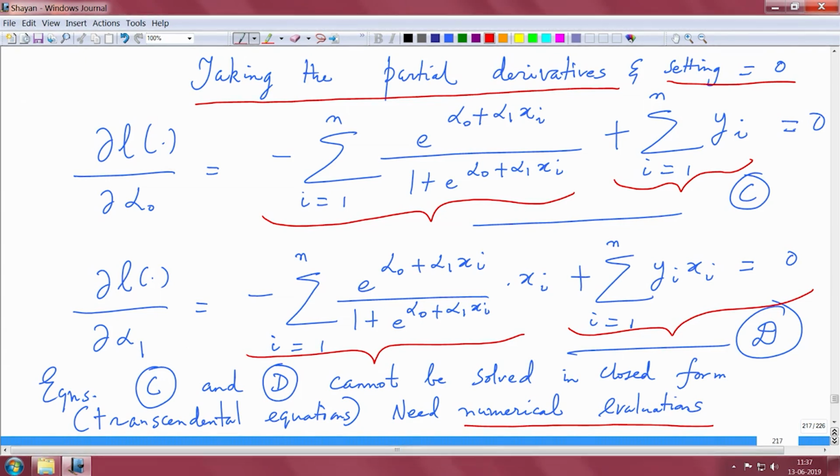The solution to equations C and D is not trivial, because they are transcendental equations. One involves e power something and the other is a normal summation like this. To solve for alpha naught and alpha 1, we have to use numerical techniques, and this is not the subject of this discussion. Once you set up the partial derivatives, you can use an appropriate solver to solve for these variables.